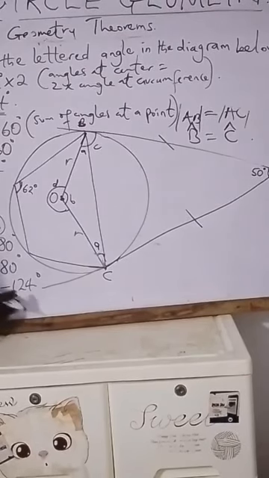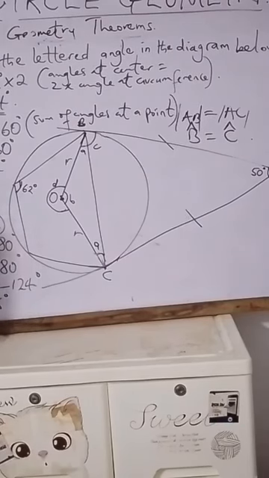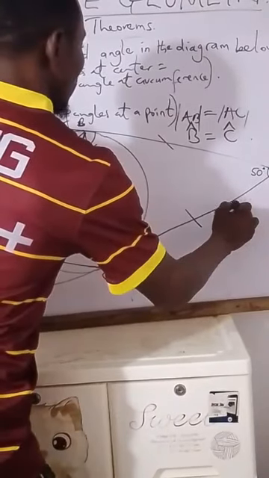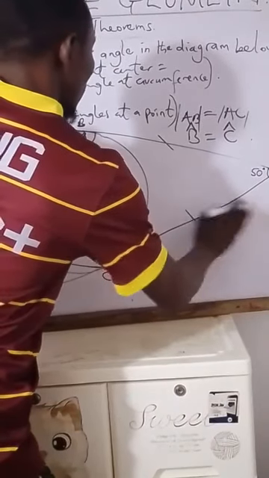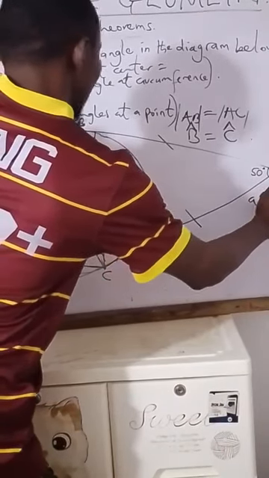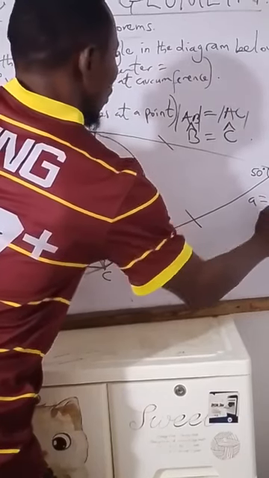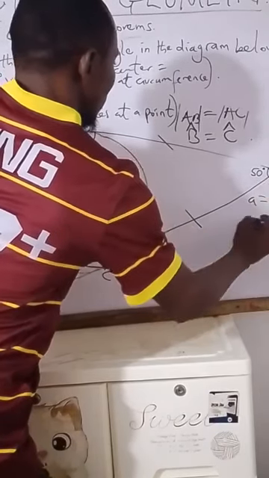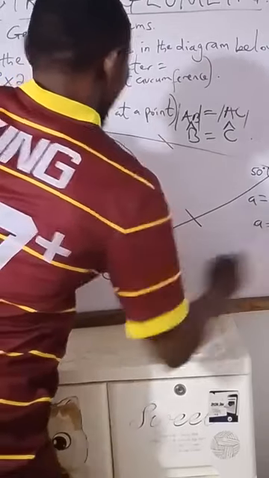That should be 56 degrees. So 2A is equal to 56 degrees, that means A is equal to 56 degrees all over 2, which is 28 degrees. A is equal to 28 degrees.